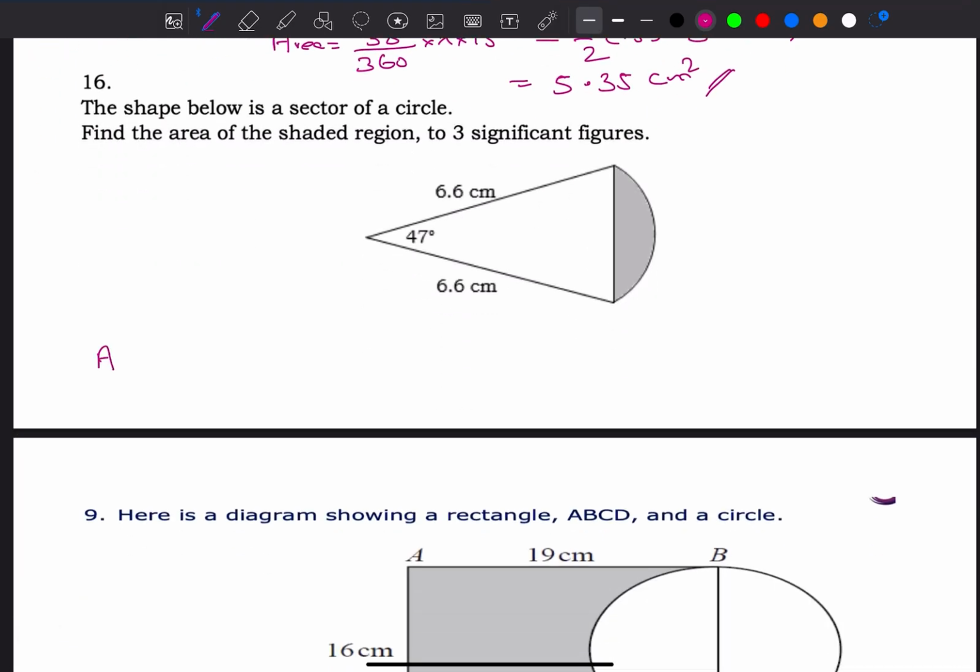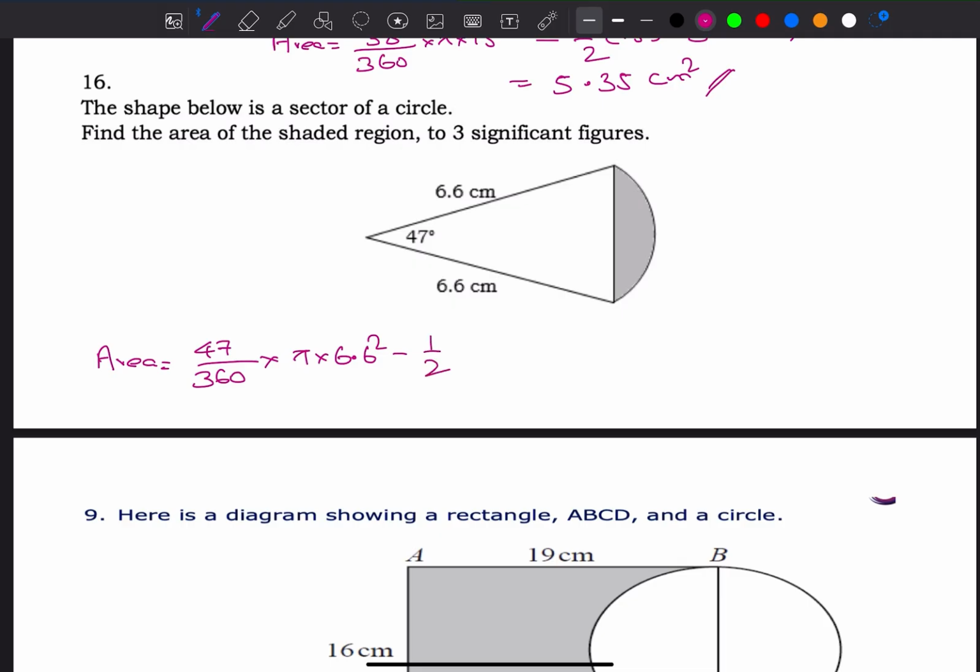Let's try it again. So the area of the segment, right? That's what the shaded part is. First one, area of sector 47 over 360 times pi times 6.6 squared. Take away the area of the triangle.